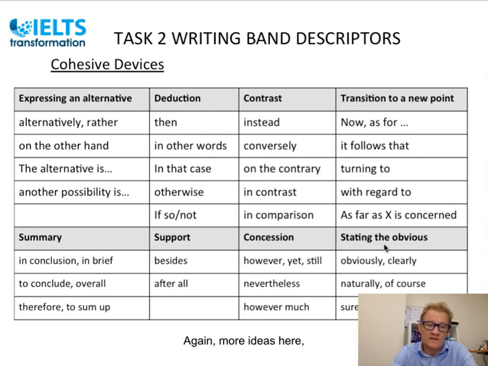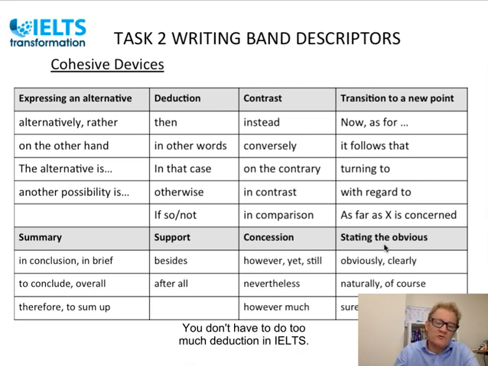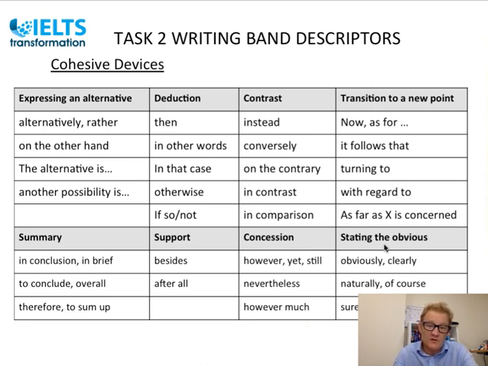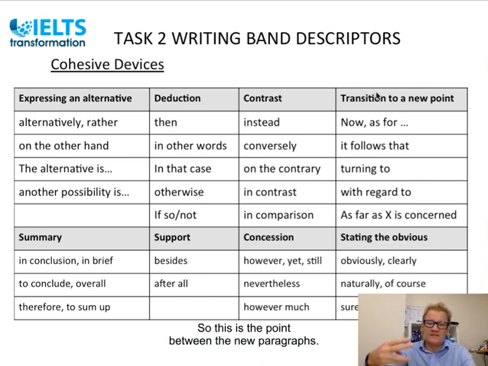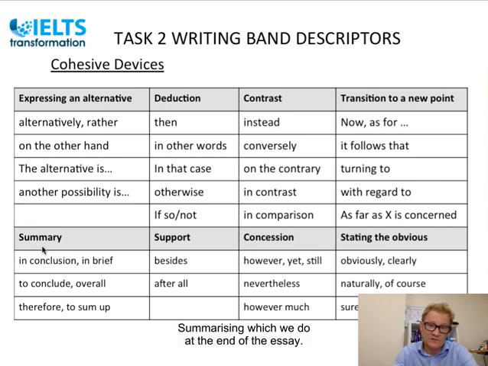Again, more ideas here. Expressing an alternative. Deduction. We don't have to do too much deduction in IELTS. Contrast, we do a lot. Transitioning to a new point, so this is the point between the new paragraphs. Summarizing, which we do at the end of the essay. Supporting, which we do throughout.